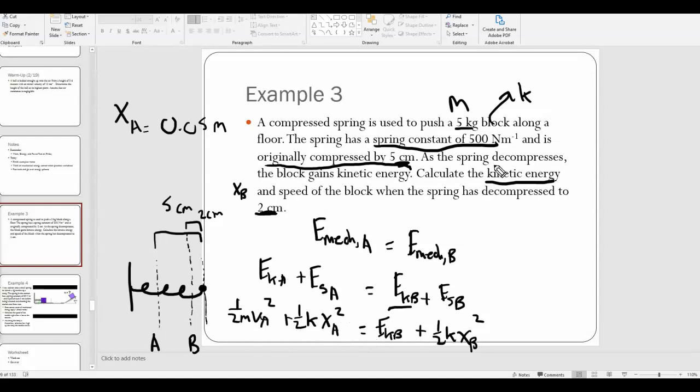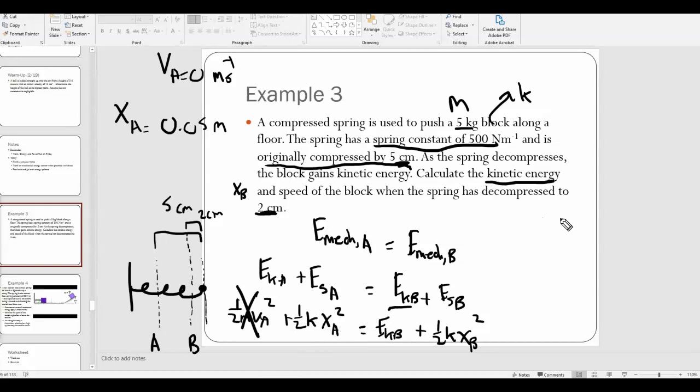Now, you can infer from context that the spring is pushed in and then it's let go from rest. Okay, and so that means VA is going to be 0 if it starts off from rest, which means that whole first term is going to be gone.